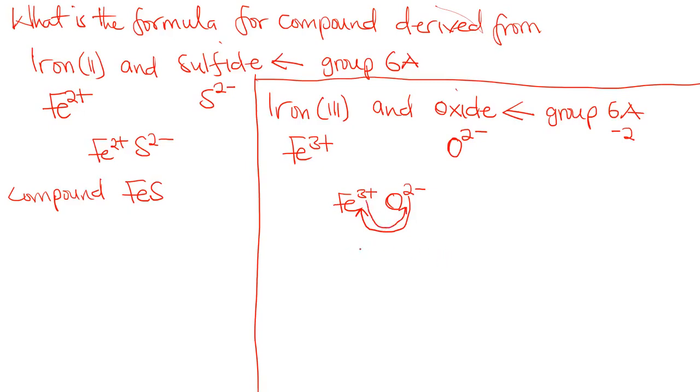So in the end, what you have is Fe2O3. So that is iron 3 oxide. Let's keep on.